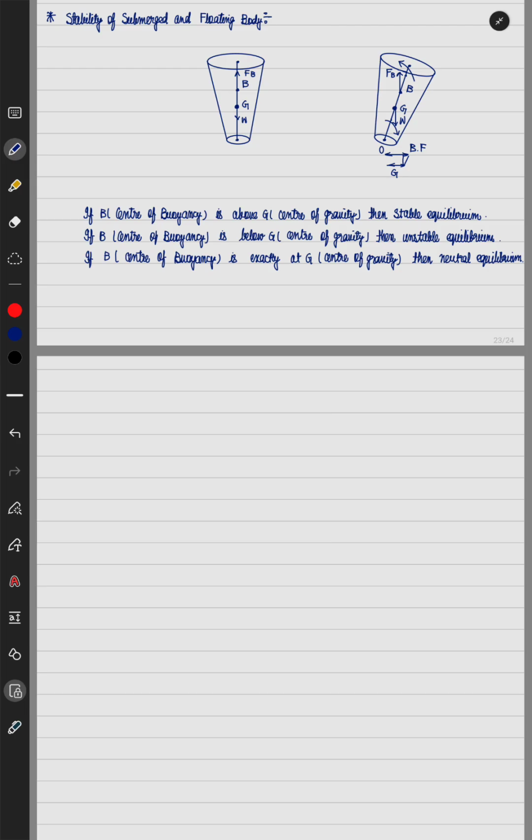Now the next topic that I want to discuss is fluid under rigid body motion.